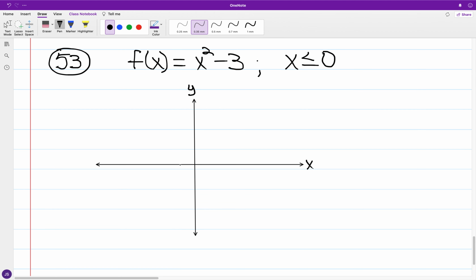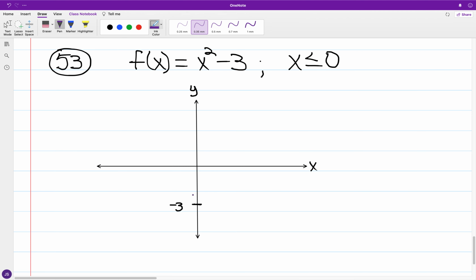So you're looking at where x is going to be in the negative zone. So this is going to be our graph of f of x. So you're looking at the left half of this parabola, since we have x is less than or equal to 0.